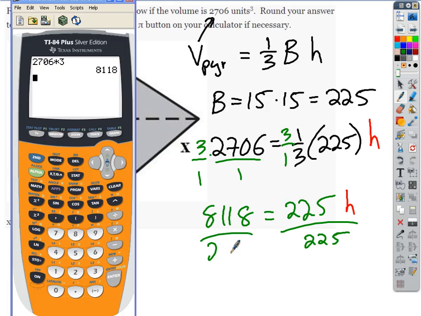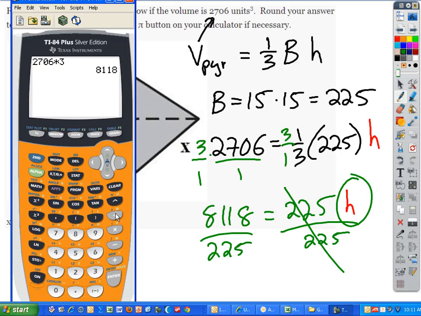And then the 225s cancel, and I've got my h. If I just hit divide, it'll take my last answer divided by 225, there it is, 36.08. They want to round it to 2 decimal places. There it is. Okay, questions?